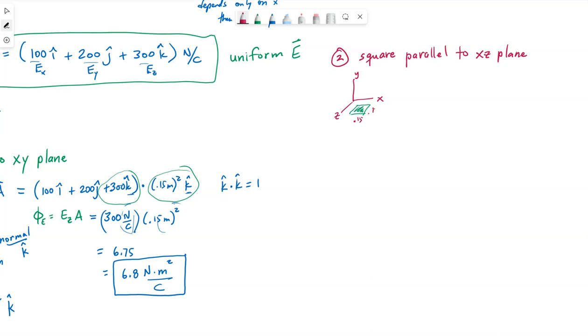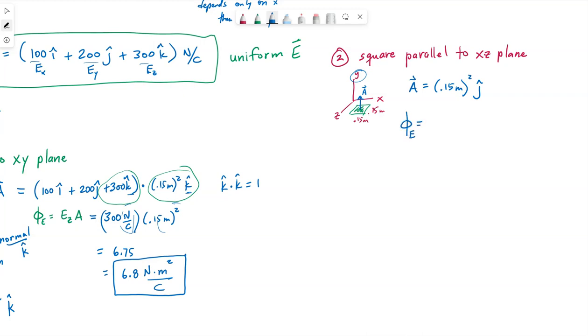So the magnitude of the area has not changed, but the direction of the area vector has changed. It's always perpendicular to the surface, but what's changed is what direction that is in. It's no longer in the z direction. So the area vector magnitude is still 0.15 meters, quantity squared, but now it points in the y direction, because that's the direction that is perpendicular to the surface.